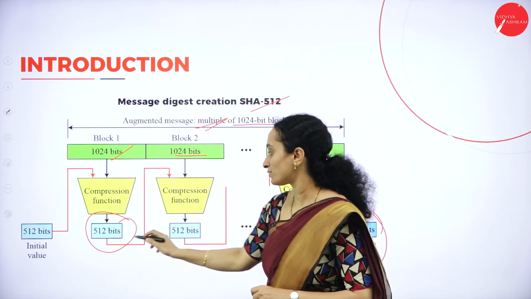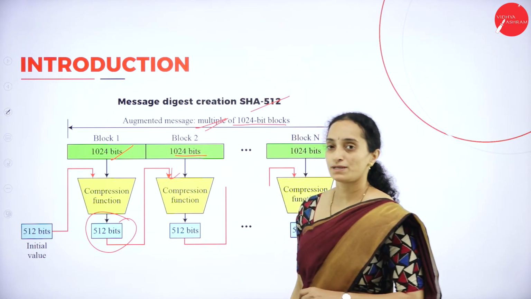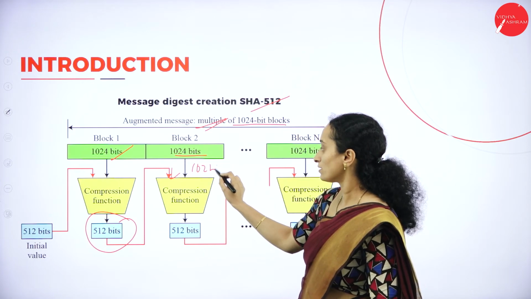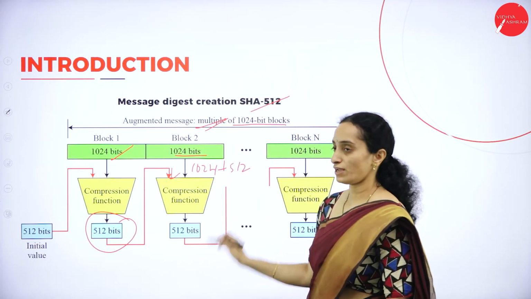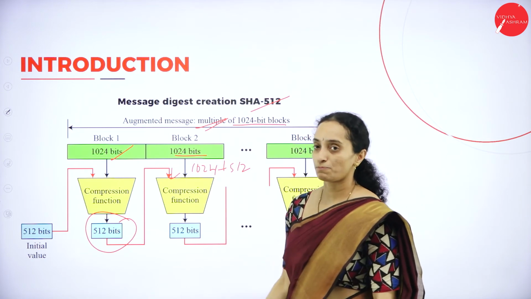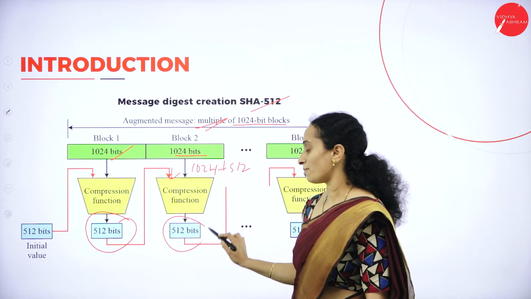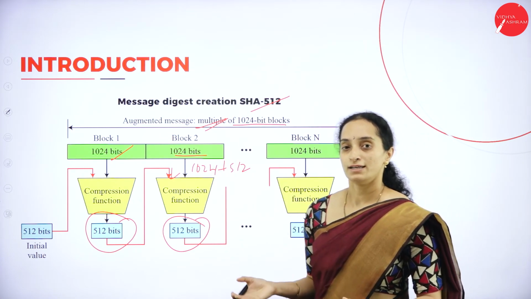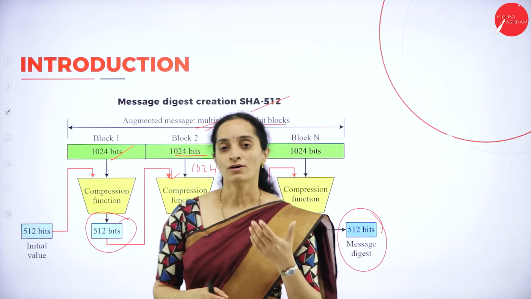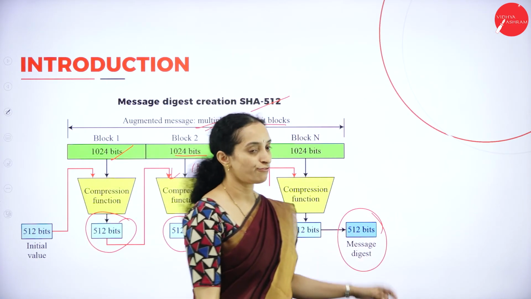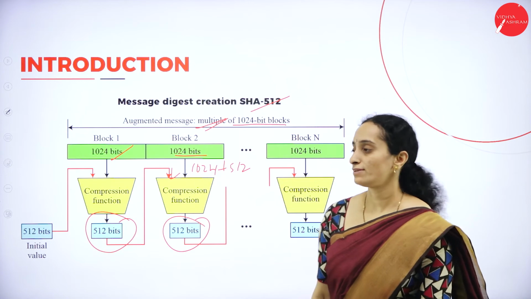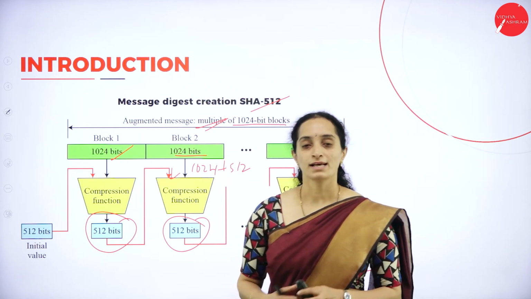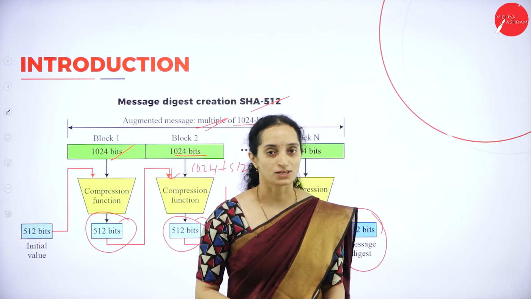So each 512 bits is fed to the compression function with 1024 bits. This output is applied to the next block to get a new message digest of 512 bits. We have the total message digest of 512 bits at the end of the compression function.